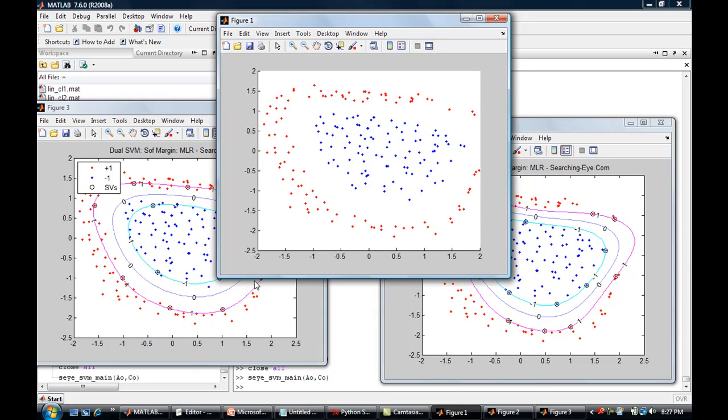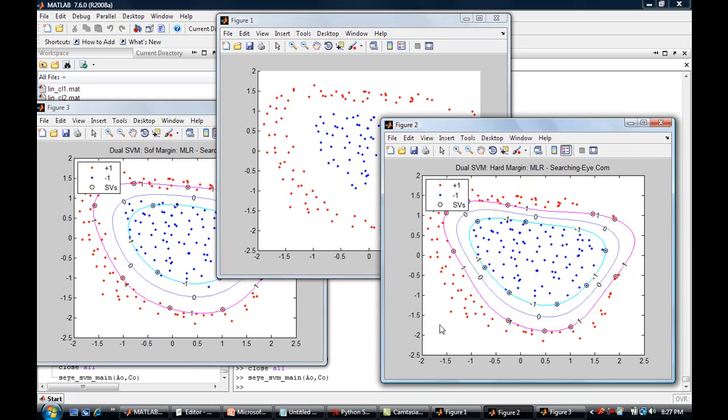So the scale is from negative 2.5 to 2, negative 2.5 to 2, and let me make the scale the same for all the plots.